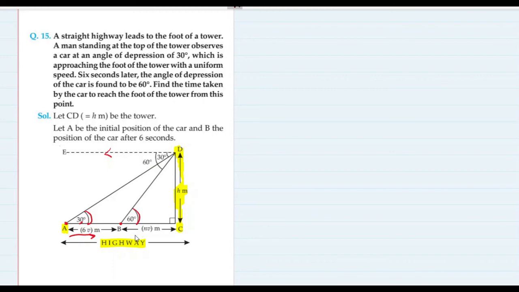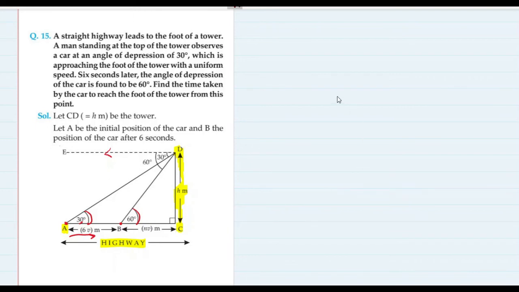Find the time taken by the car to reach the foot of the tower from this point. So from this point, which point are they taking? 6 seconds later, the angle of depression of the car is found to be 60 degree. Find the time taken by the car to reach the foot of the tower from this point. This point means from point B. So how much time will the car take traveling from point B to point C?